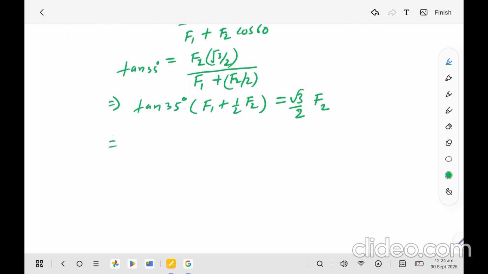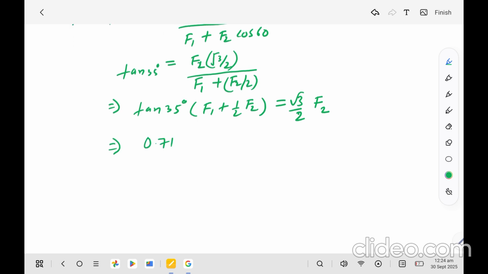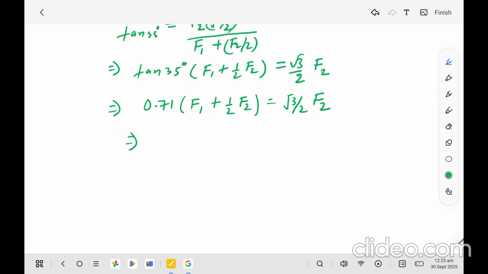Okay, now we can use the value of tan 35, that is 0.71. So 0.71 F1 plus 1 by 2 F2 equal to root 3 by 2 F2, or 0.71 F1 plus 0.71 by 2 F2 equal to 0.86 F2.